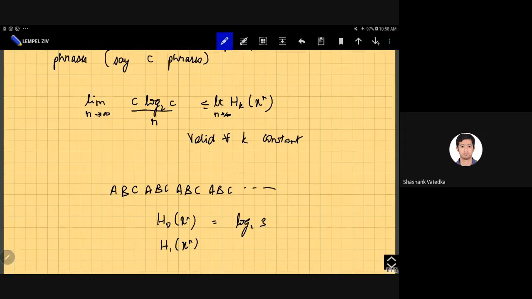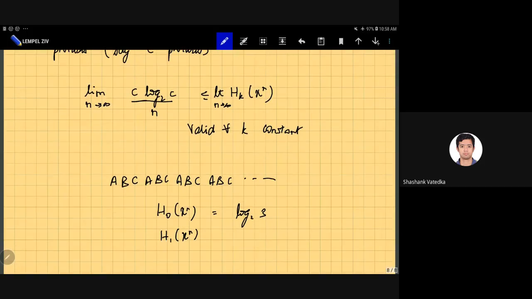Therefore, because of this particular reason, the limit of C log C divided by n as n tends to infinity is going to be strictly less than H_0 of x^n. Typically H_0 of x^n is less than or equal to H_1 of x^n, which is less than or equal to H_2 of x^n, and so on.